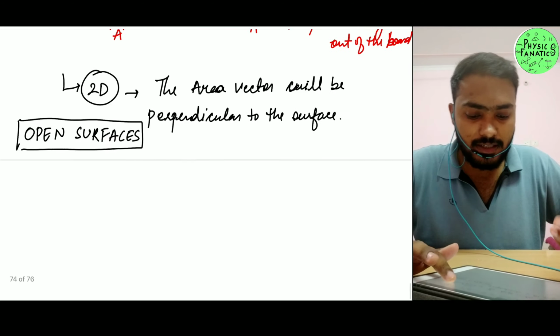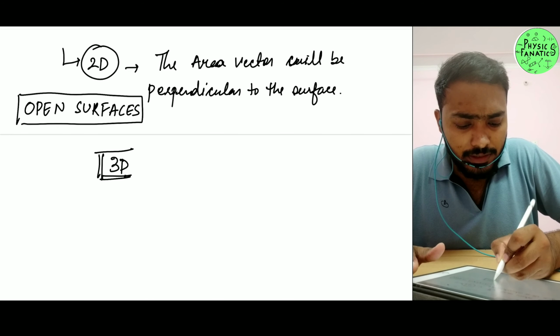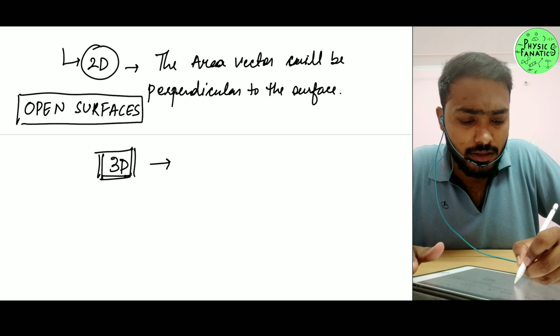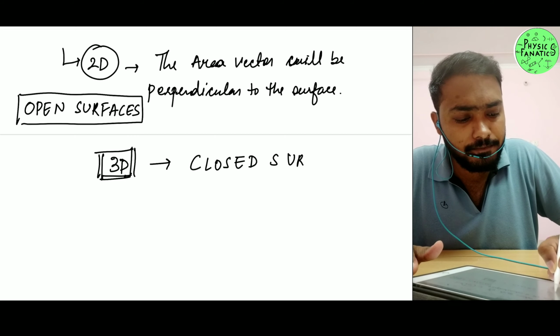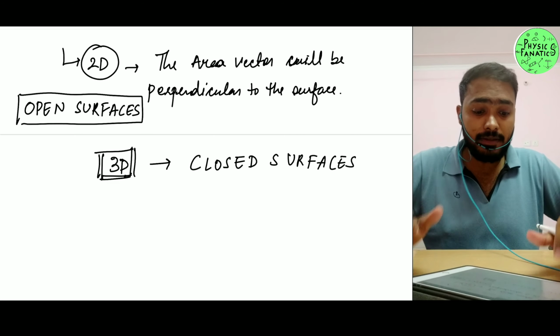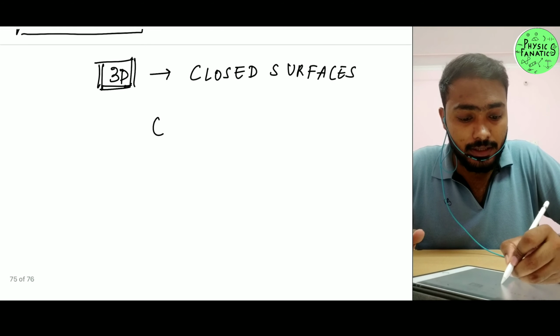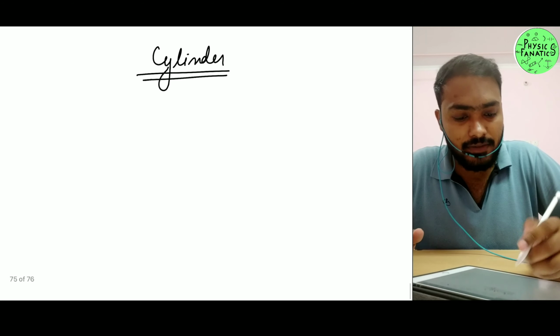For 3D figures, let's talk about 3D figures. 3D figures are known as closed surfaces. For example, let's take an example of a cylinder.